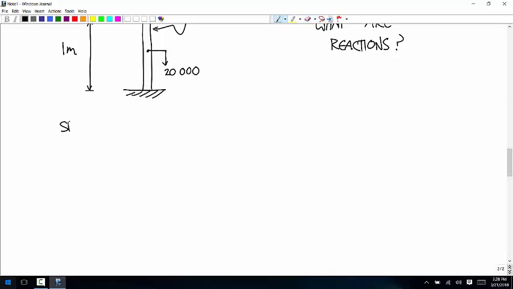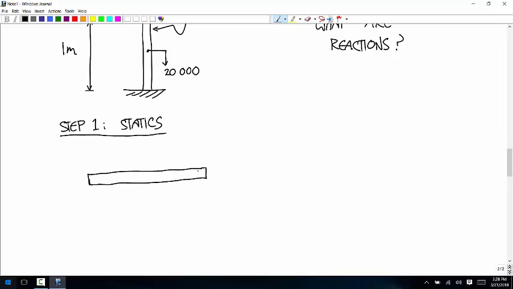Okay, so the first step is just the statics. I'm going to turn it sideways because I'm just used to thinking about problems this way with beams. I'm going to put the x-axis that way, the y-axis to the left. And so we have some unknown force here, that's the force at the floor.